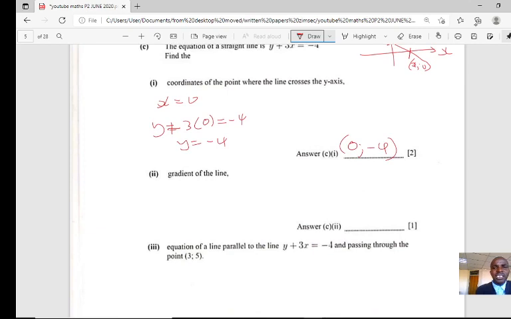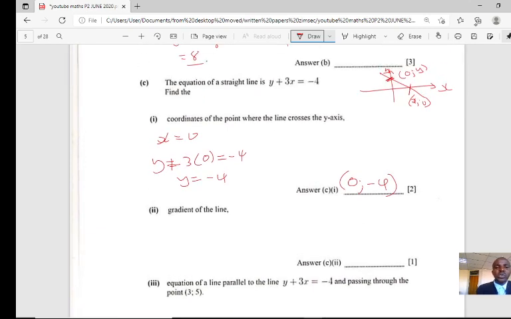Gradient of the line, you just express that one in the form of y equals mx plus c, where m is the gradient and c is the y-intercept. That's the point where the graph crosses the y-axis. So take this equation here, y plus 3x equals minus 4.